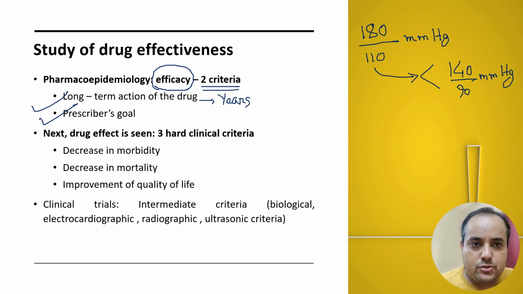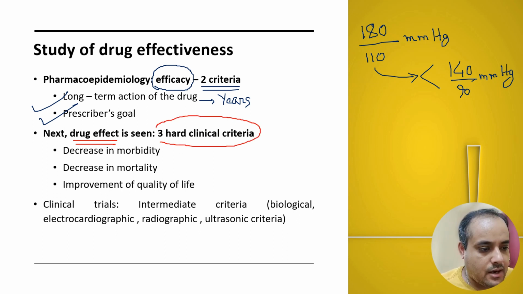So when these 2 points are considered, after that we see the drug effect in a pharmacoepidemiological study. And this drug effect is also seen with the help of 3 very hard clinical criteria.